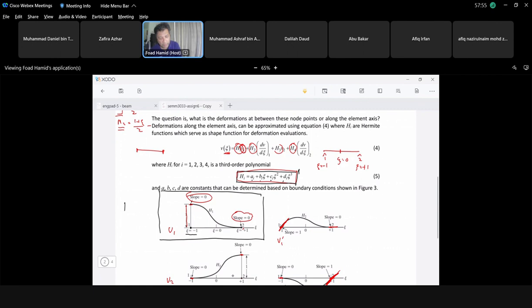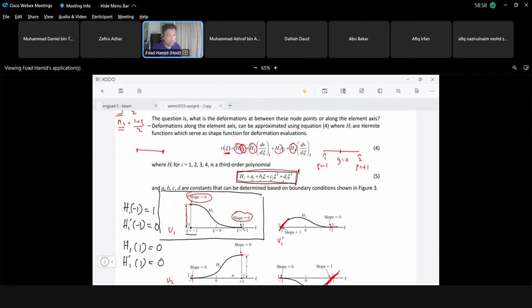So we know H1 at minus 1 is 1, H1 prime at minus 1 must equal 0, H1 at 1 must equal 0, and H1 prime at 1 must equal 0. So there are 4 equations with 4 unknowns.